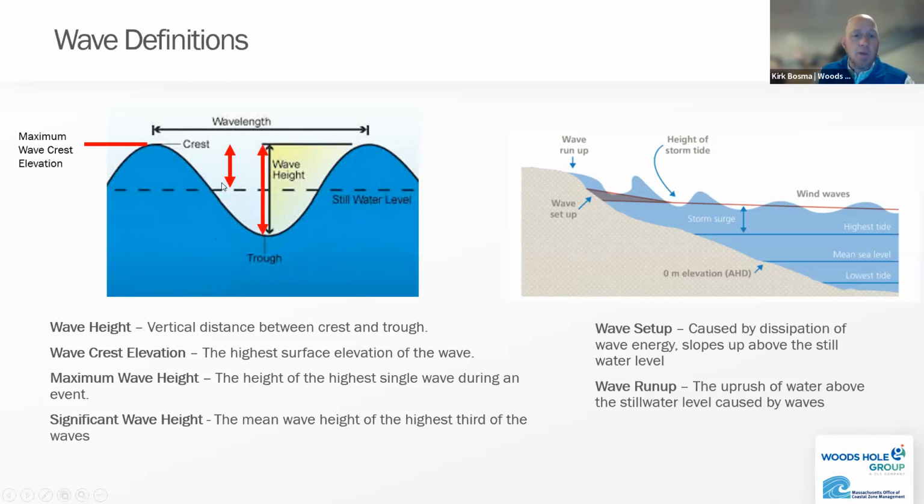If you actually took the wave height and added that to the still water level, you'd be way up here, right, above where the water level actually is, right? So just to be clear, when we go from still water level to a maximum wave crest elevation or a design flood elevation or a maximum wave action water level, that would be the wave crest plus that still water level, okay?